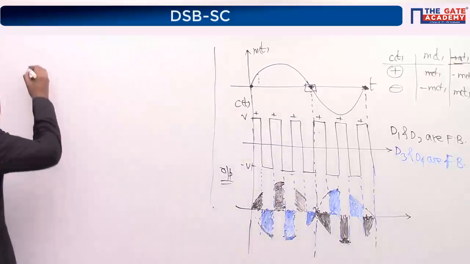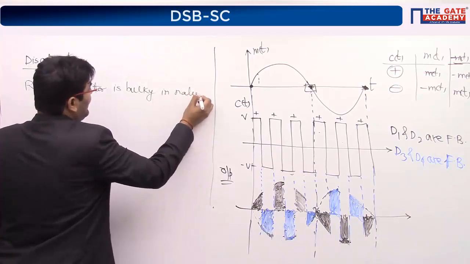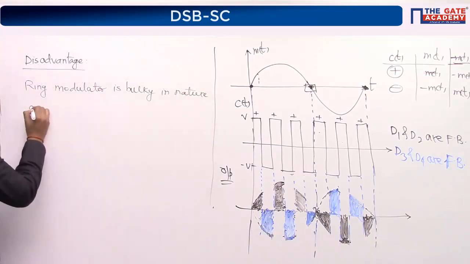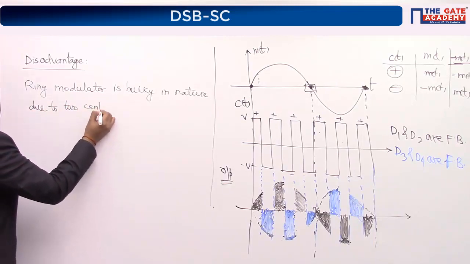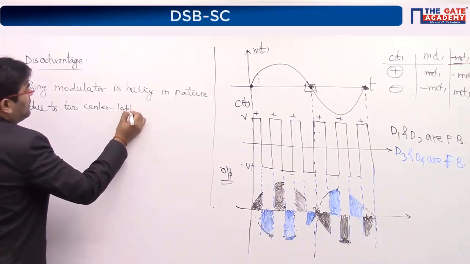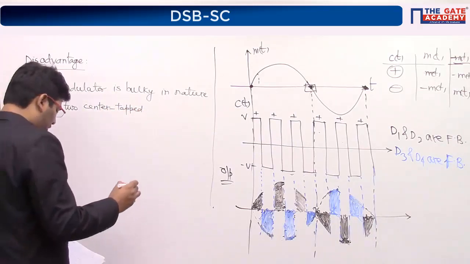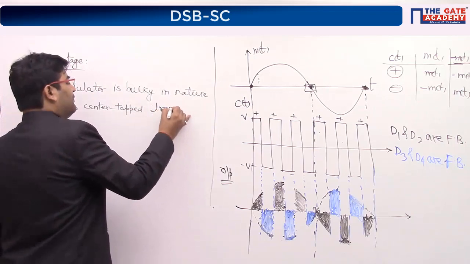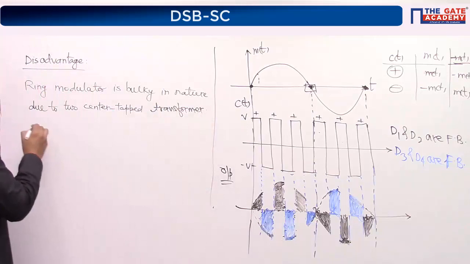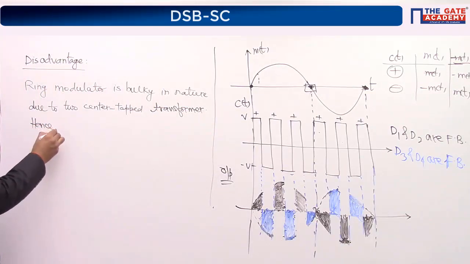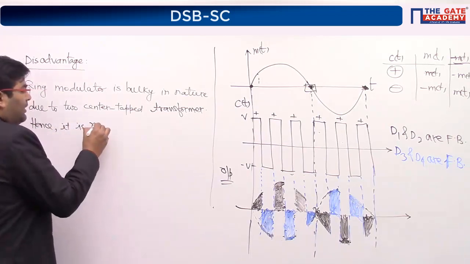Great. Now what is the disadvantage of this? Please write: it is bulky in nature due to two center tapped transformers.